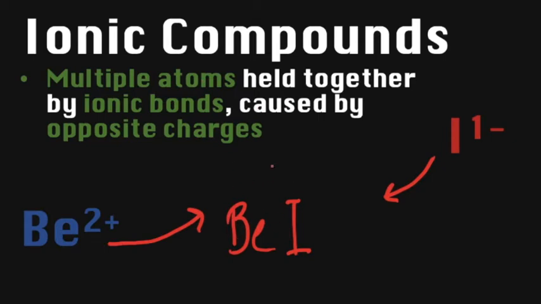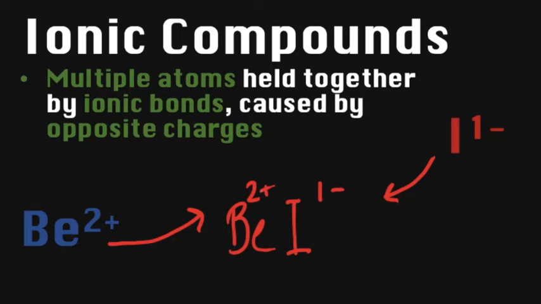But something you should know is that beryllium has a positive 2 charge, but iodine only has a negative 1 charge. And if you are astute, you might realize that this isn't the end of the story. We don't just have beryllium and iodine come together, because there's an imbalance here.